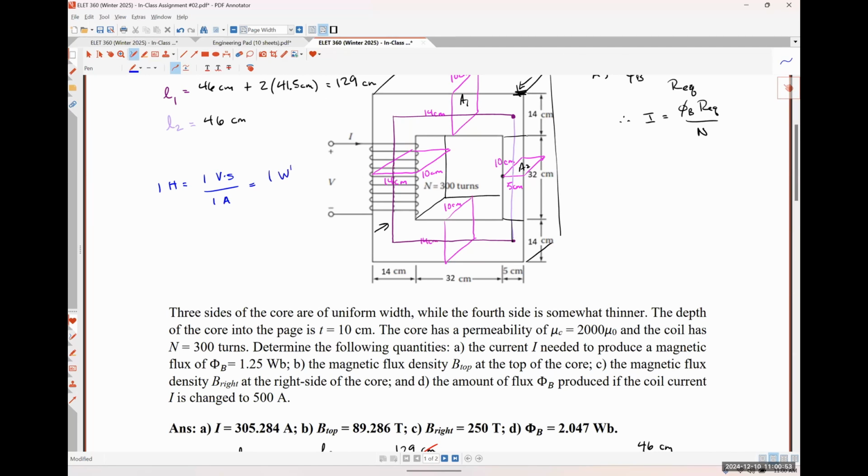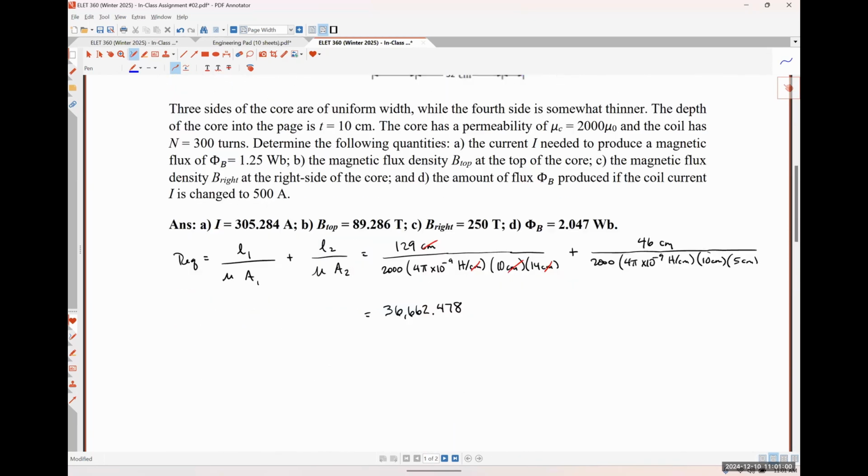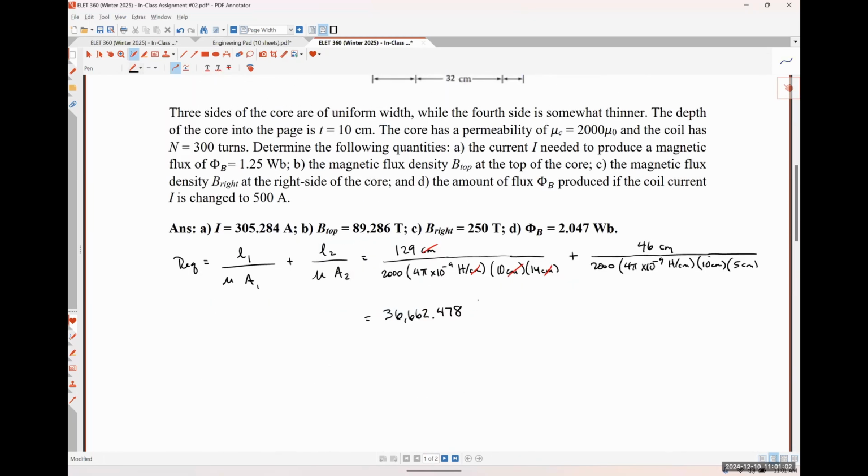So that would be a Weber per amp. So the inverse of this is what we're going to call amp turns per Weber. And that's our traditional unit for reluctance. I personally feel like calling it inverse of Henry's would have been easier, but for whatever reason, for the last 140 years, they've been calling it amp turns per Weber, so that's what I'm sticking with.